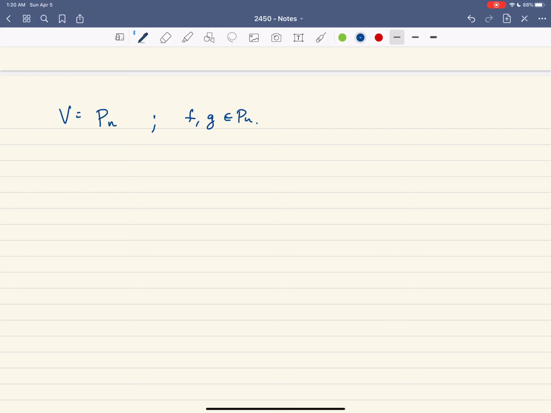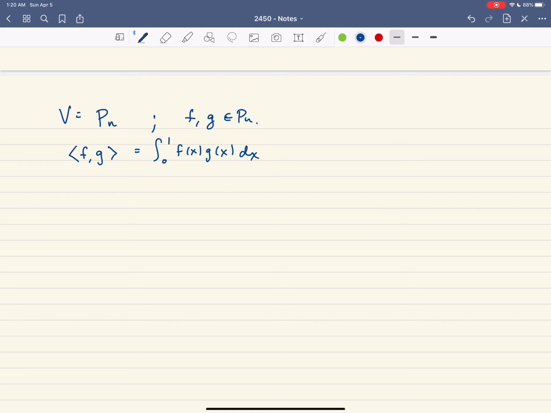What I'm going to do is define an inner product on them, and we're going to write inner products with this notation. So this left angle and right angle are kind of less than and greater than symbols. But that's our notation for the inner product. And our inner product is, let's just integrate over, say, 0 to 1. You can pick whatever interval you want. And it's going to be f times g.